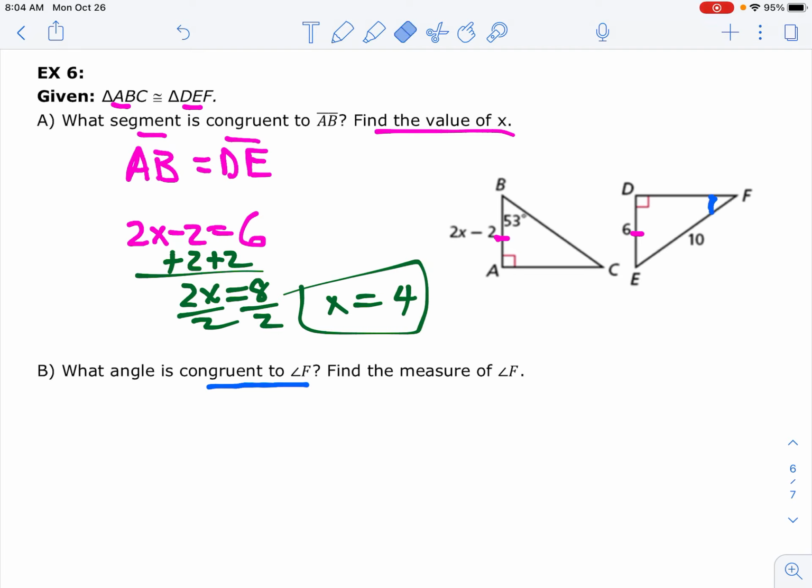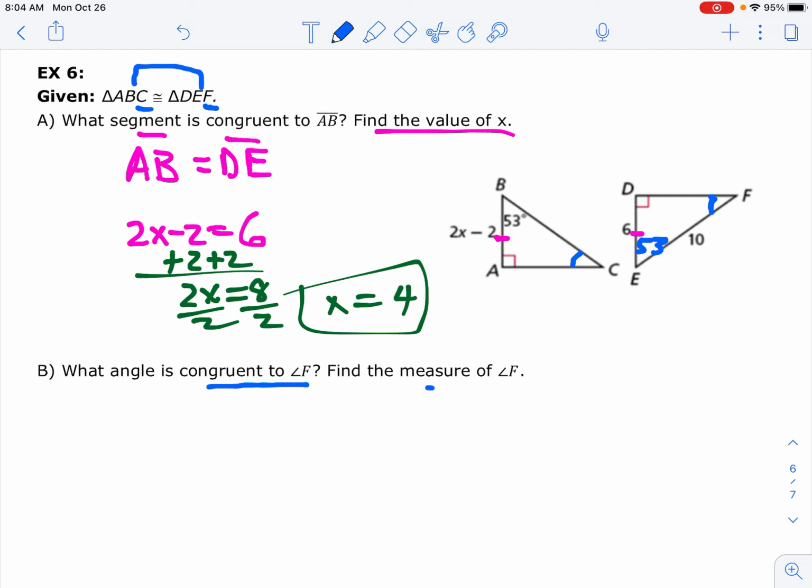Well, let's go back up to our letters and let's look. Here's letter F. Letter C is in the same spot, so those two should be equal. Now you'll notice letter B and E should be equal then also. Well, if B is 53, then we know E has to be 53.